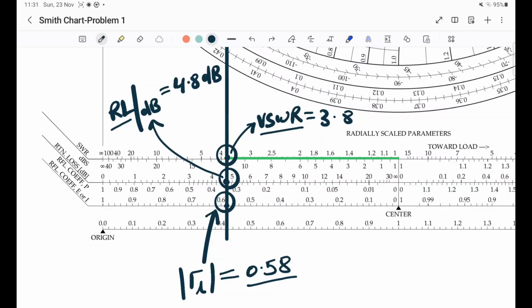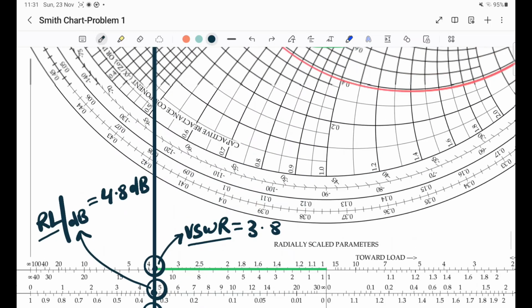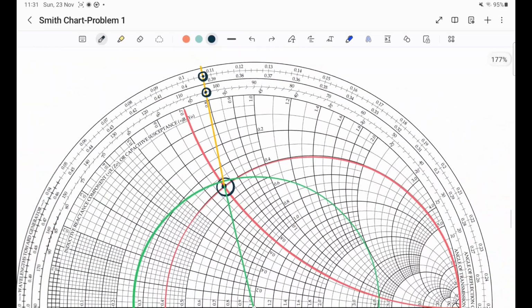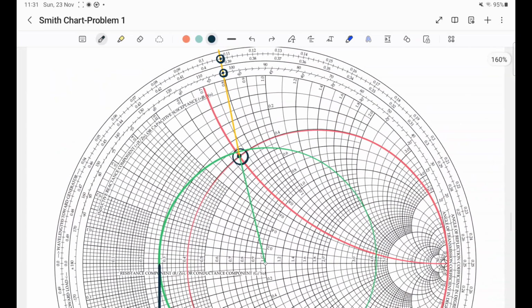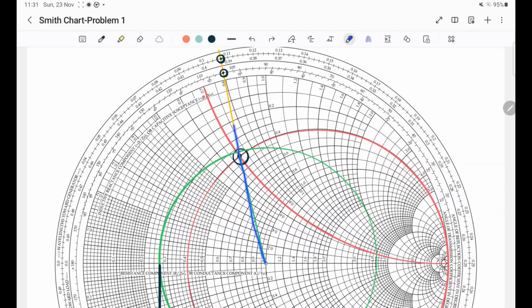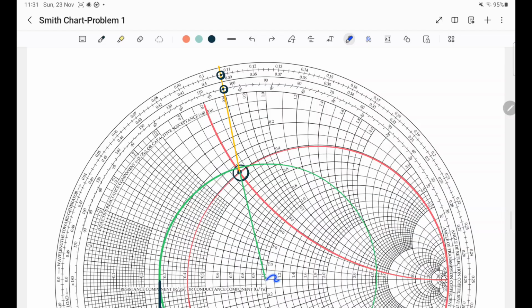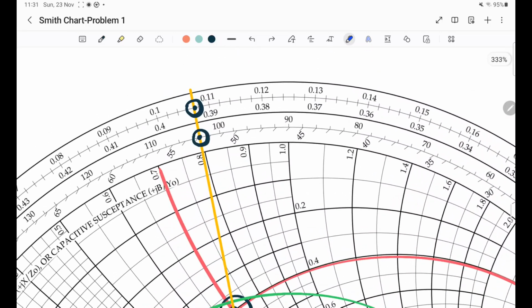Now let us try to find out the angle of the reflection coefficient. So if you just extend this line up till here, the line which starts from the center of the Smith chart, crosses the ZL point, and extends up to this point, then here these values are the values for the angle of the reflection coefficient.